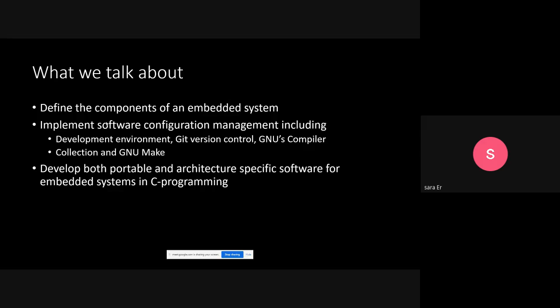Our code will be in the C programming language, but as I said, in the second part of my talk I will emphasize the Arduino board, where our code could be in the Arduino language.